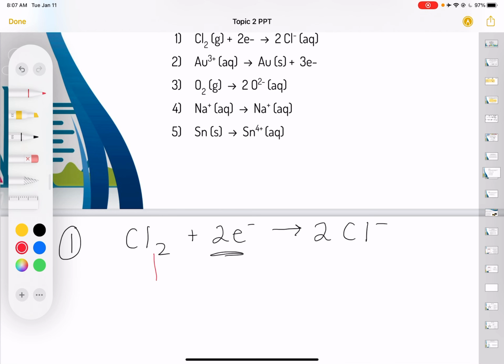From this side, this is just chloride by itself. That's going to be 0. On this side, it has a -1. So from the left side to the right side, it is getting more negative, right? So when it gets more negative, that's gaining electrons.